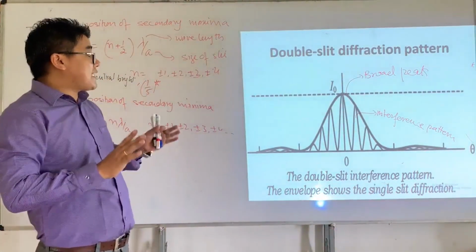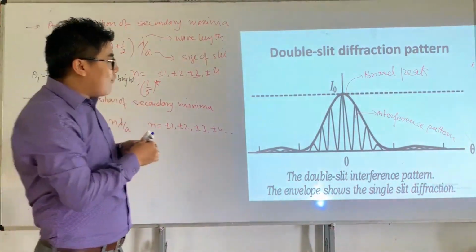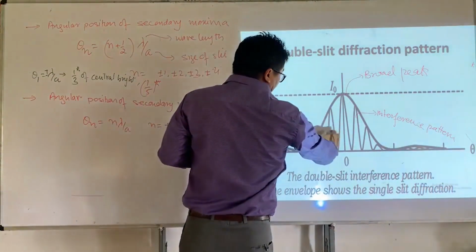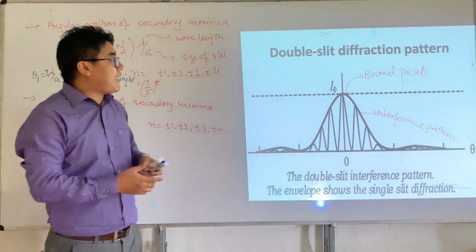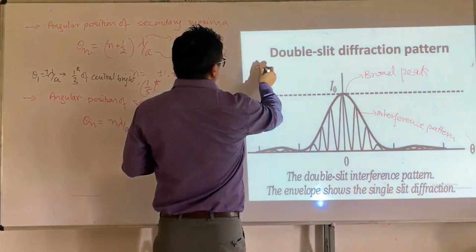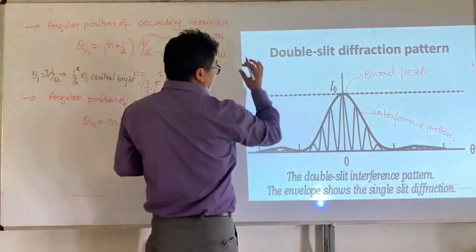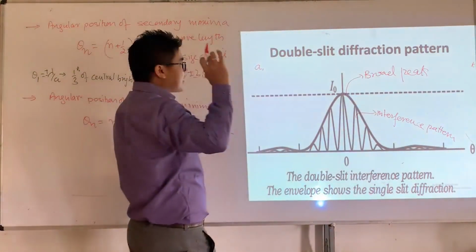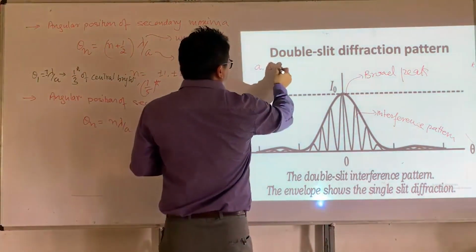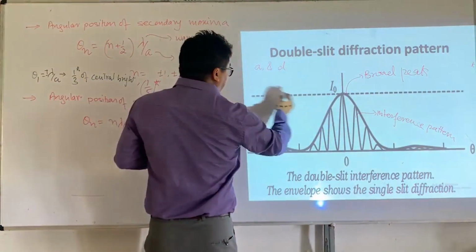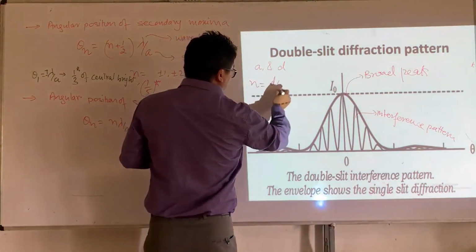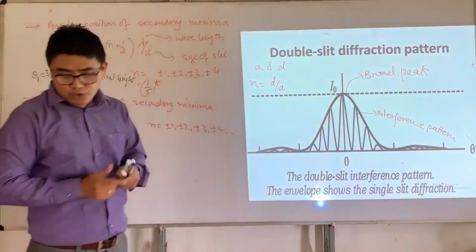So now we would like to say that the number of interference fringes in a broad peak is determined by two factors. That is A, the size of a slit, and D, the distance between the two slits, right? So the number is given by the ratio of these two.